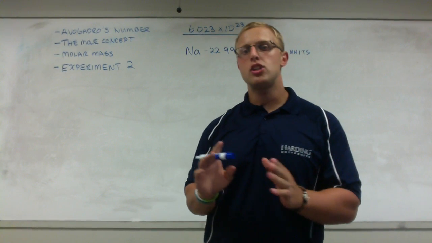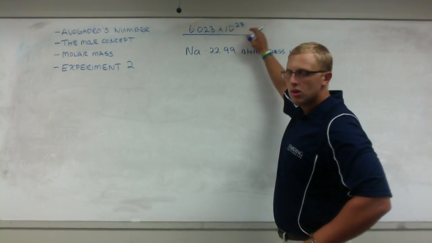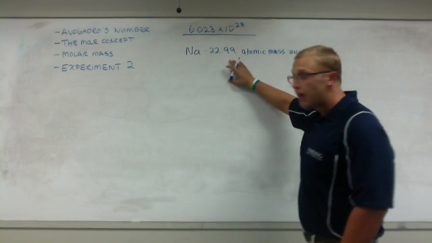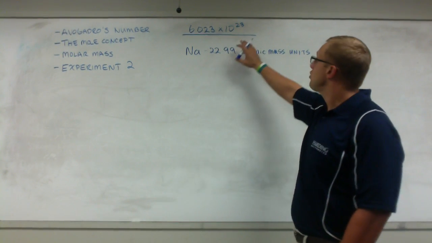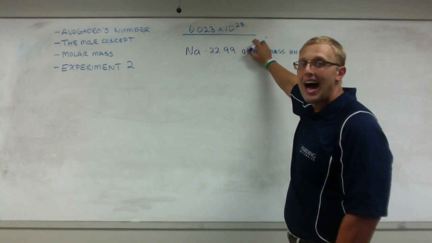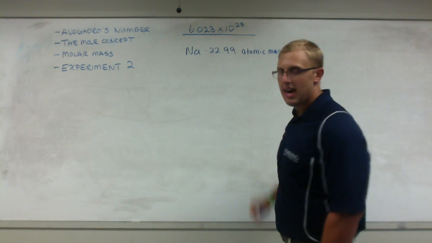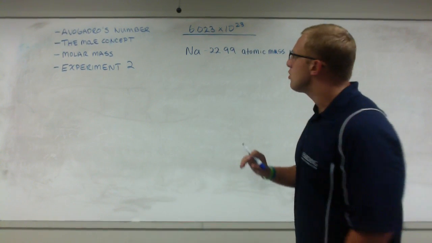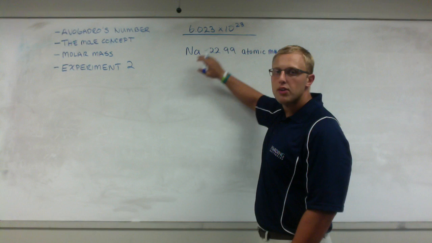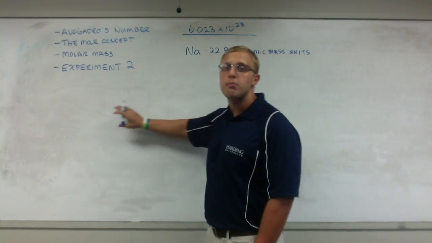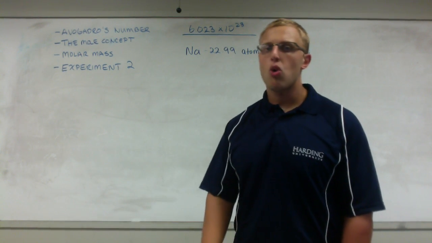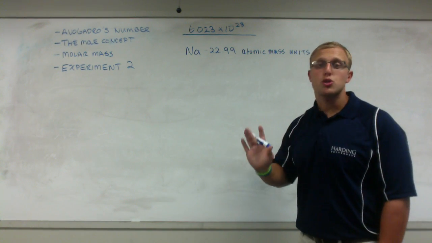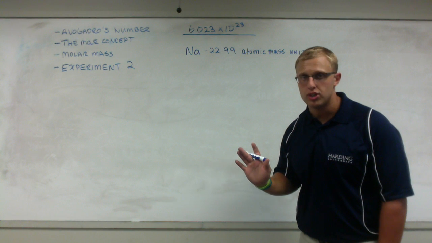Well, we're going to use Avogadro's number, which is a huge number, but remember, this is very, very small. We're going to use this number to describe a number of sodium atoms, right? So I'll tell you what I mean. We're going to use Avogadro's number of sodium atoms to describe 1 mole of sodium atoms. So we take a number and a unit that is so small we can't deal with it in human observation terms, right?